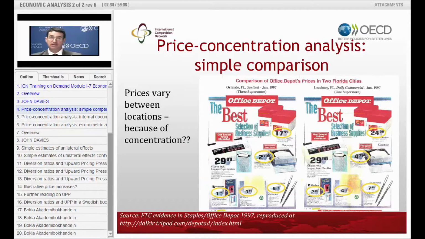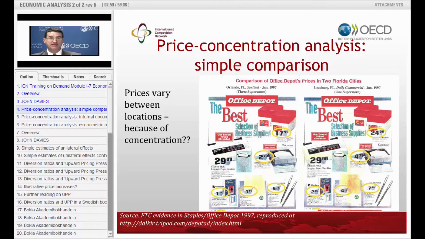Here's a very simple, non-technical illustration of the FTC's case. It shows advertising flyers put out by Office Depot in 2 different locations. They're identical, except that most of the prices are higher on one than the other.